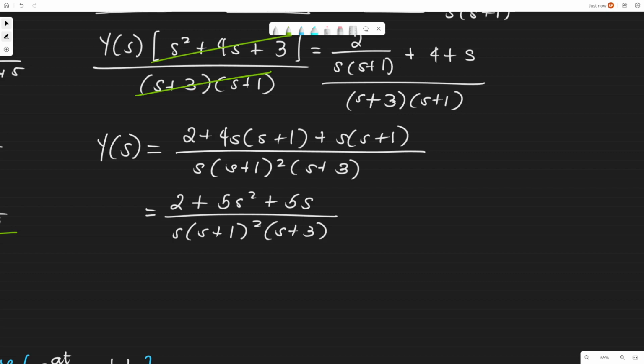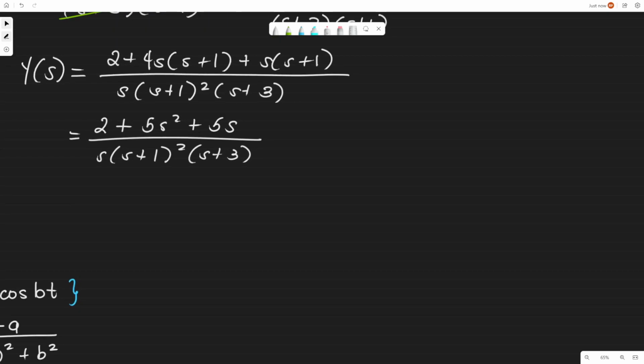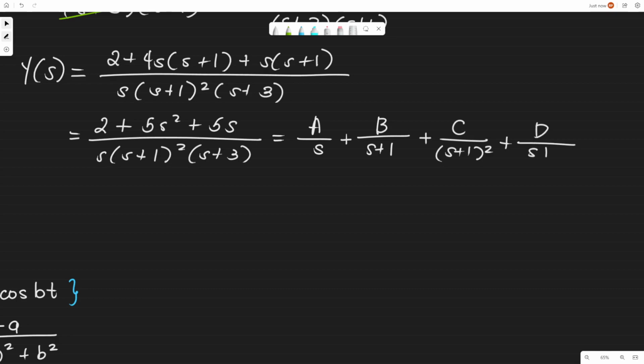So, we are now ready for decomposition, no? So, this will be a over s plus b over s plus 1 plus c over s plus 1 quantity squared plus d over s plus 3.